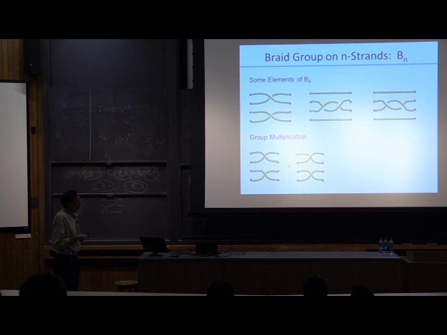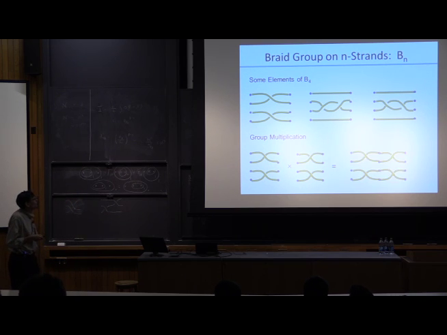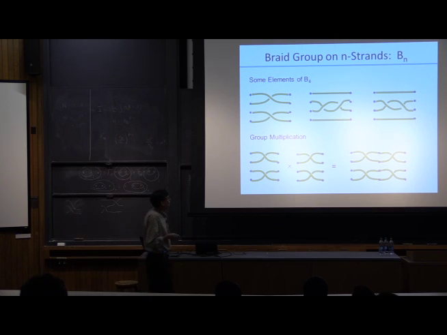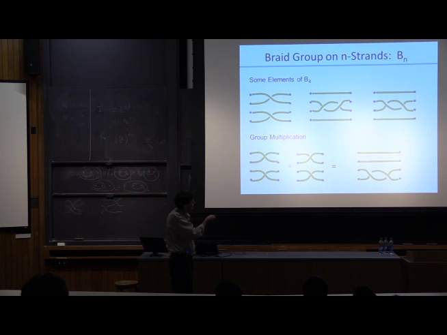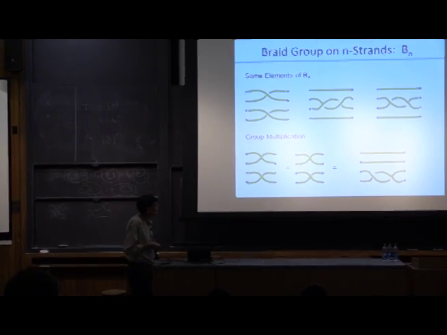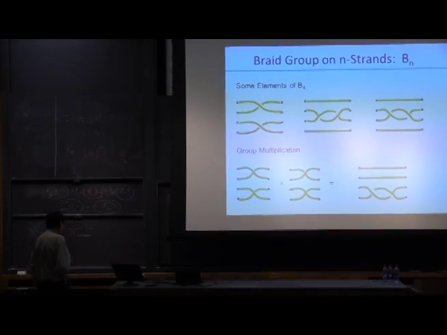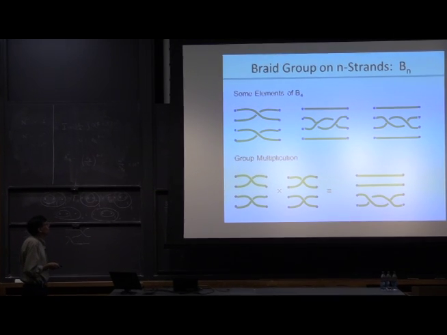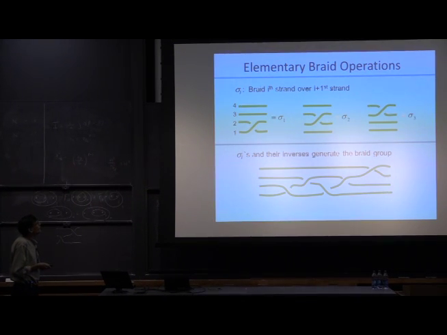And it's a group because the rule for group multiplication is you just sew the braids together. And in this case I can undo this, so this is topologically equivalent to this. We can generate the braid group by elementary operations.